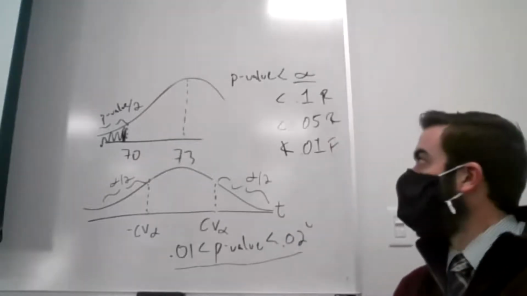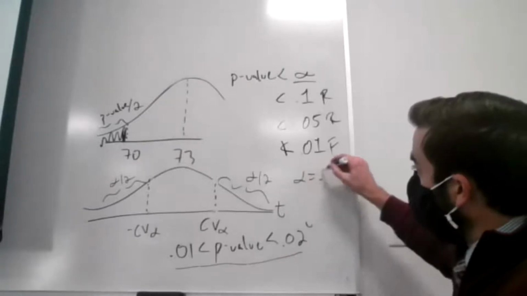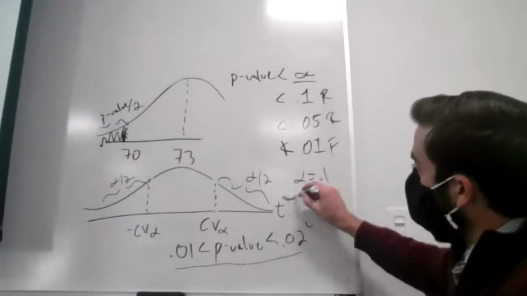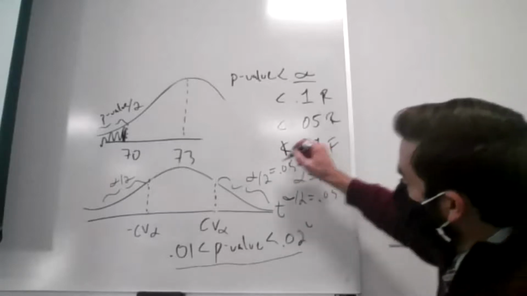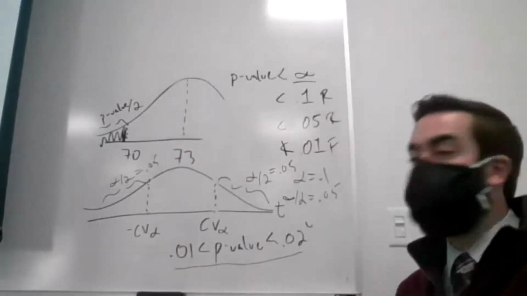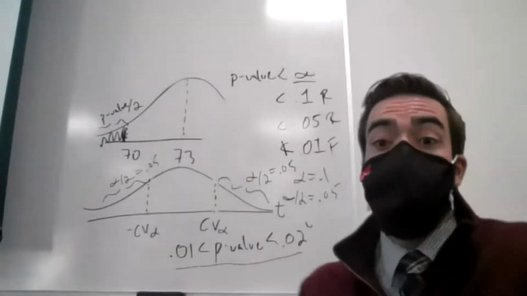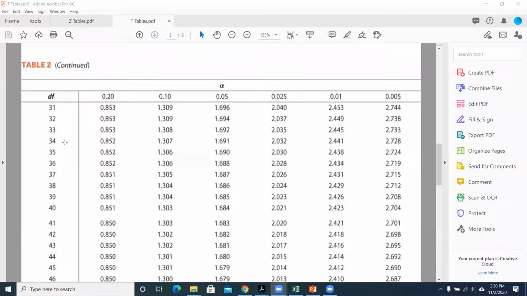Right? So let's just look up the 10% significance level. So alpha is 0.1. Alpha divided by 2 would be 0.05. So let's assume that there's 0.05 in each of those tails. My degrees of freedom was 34. So I go to the table. Degrees of freedom 34.